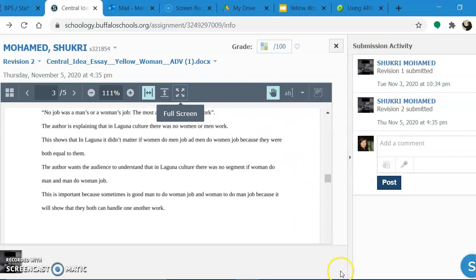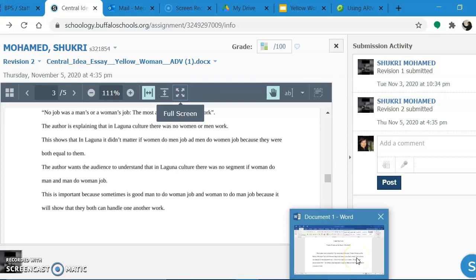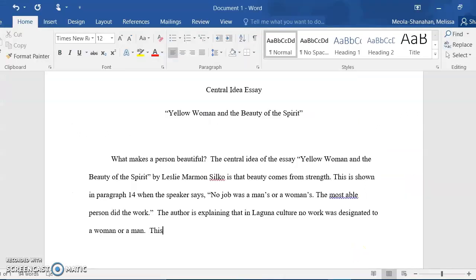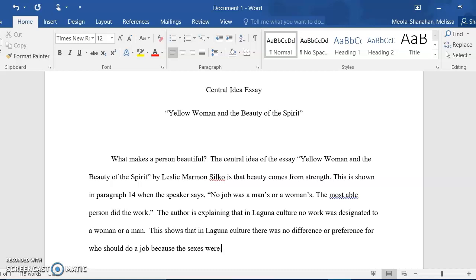Again, we're going to clarify that language a little bit. This shows that in Laguna culture, there was no difference or preference for who should do a job because the sexes were considered equal.